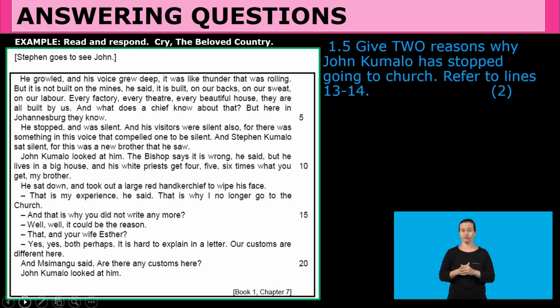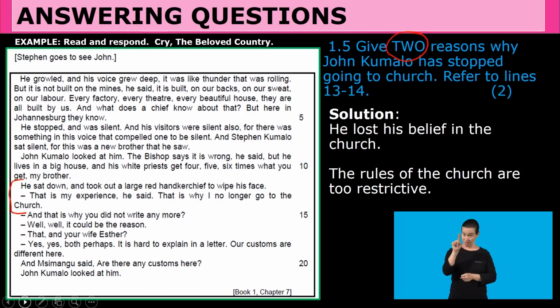1.5, give 2 reasons why John Khumalo has stopped going to church. And it says you need to go to line 13. So this is line 15 here. So that's where we're going to locate our answer in the text. And they want 2 reasons, which means you cannot only list one. One is not going to earn you the marks. All right. So let's look at our response. And just briefly, give means you will find it in the text.